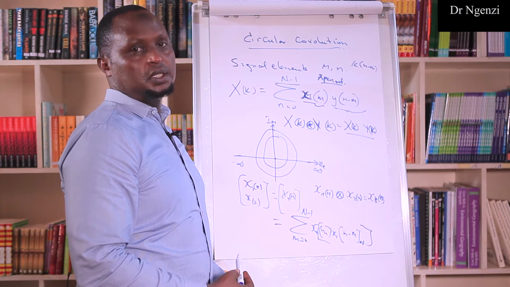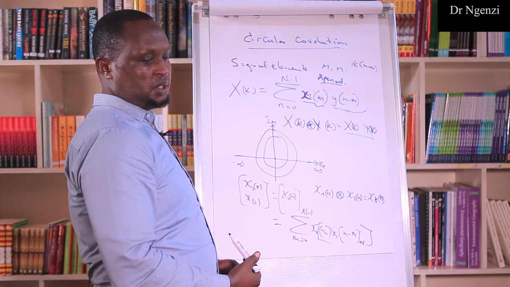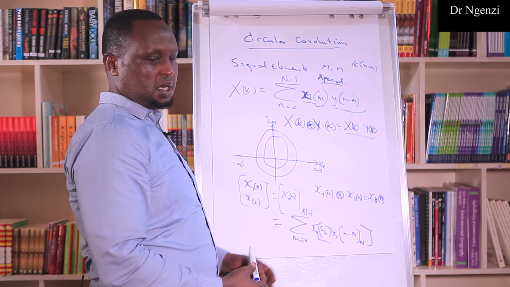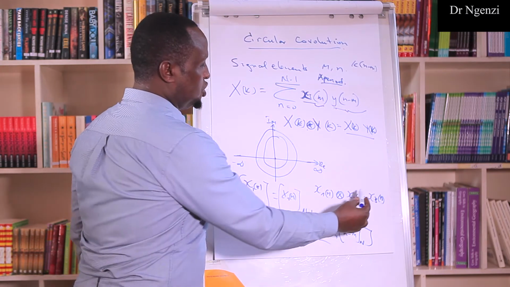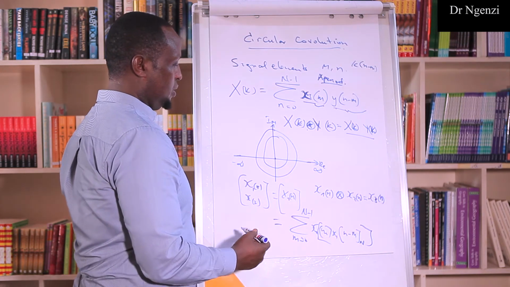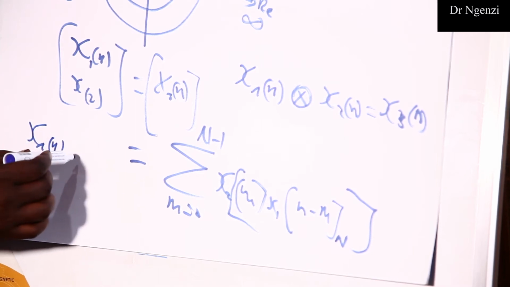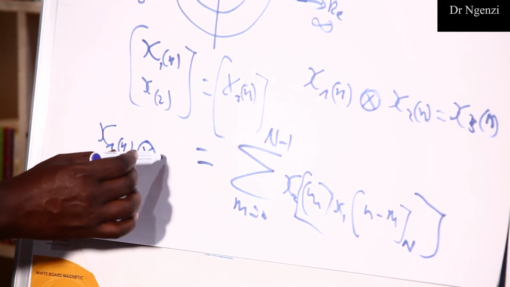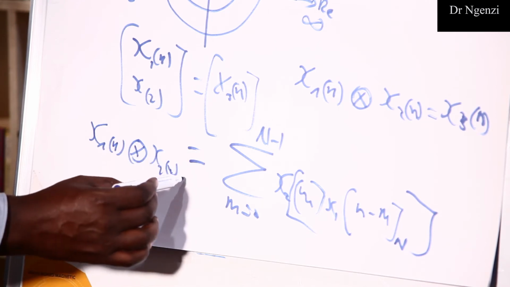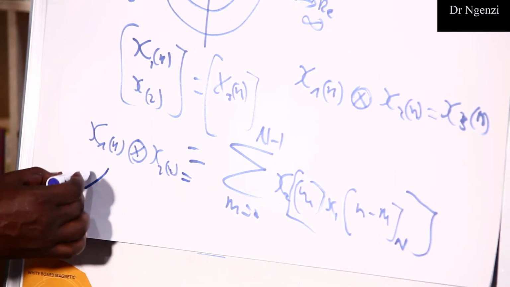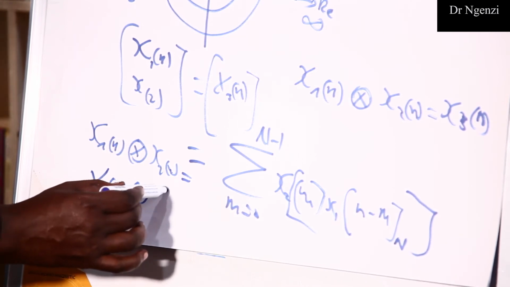The symbol representing the convolution sum implies frequency domain multiplication, as I showed you, and the result is going to be big X. For example, x1 of n convolved with x2 of n can also be put in the format big X1 of k convolved with big X2 of k.